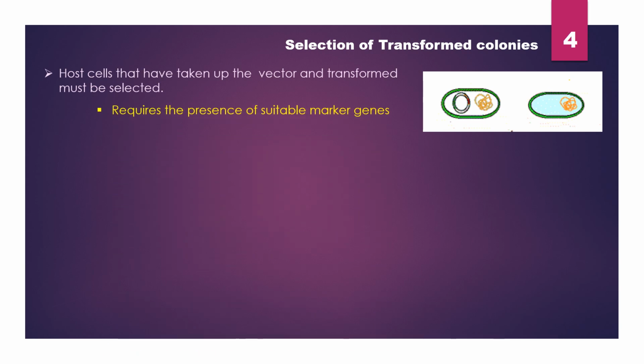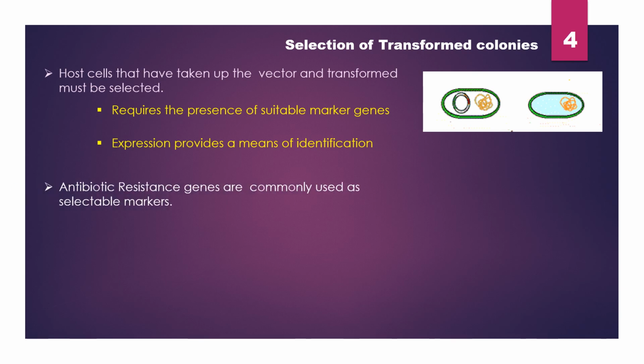As I have already mentioned, the requirement of a marker gene in a vector is very important, because the expression of the genetic marker will provide a means of identification of host cell transformation with the gene of interest. One of the commonly used genetic markers is the antibiotic resistance gene.